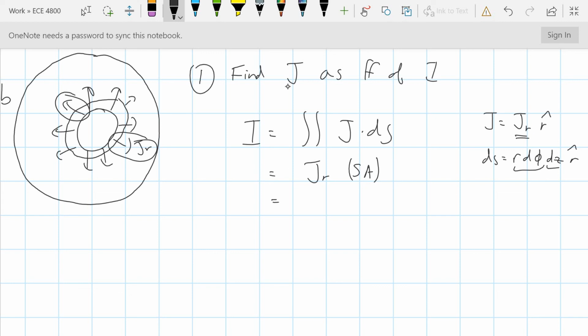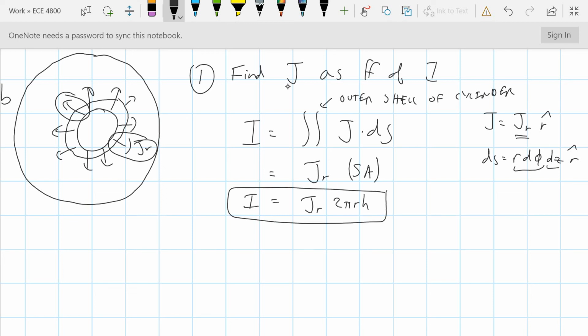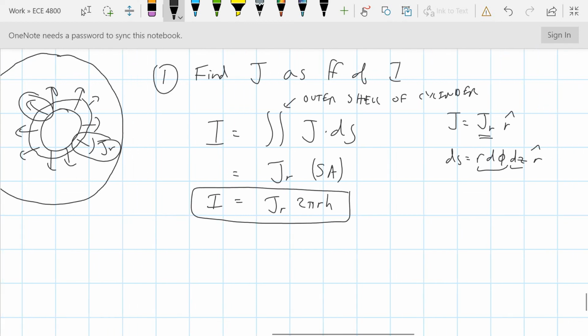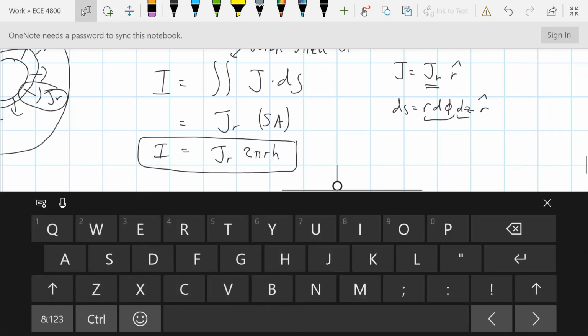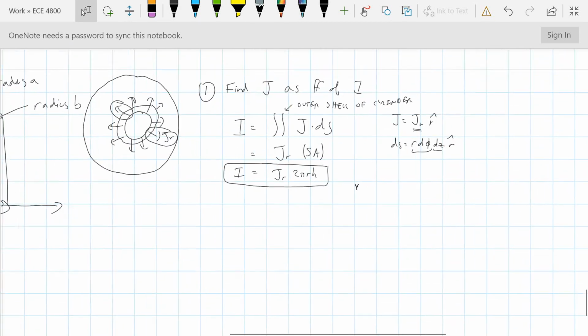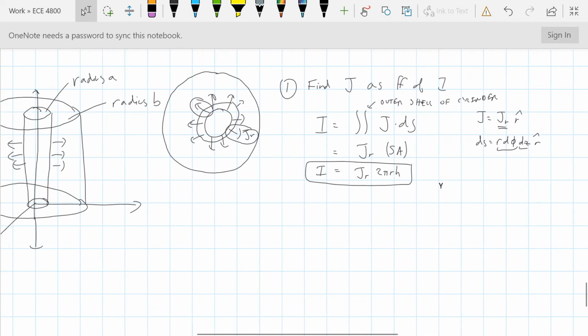So I'm just going to put here outer shell of cylinder. All right, so this is going to be J sub r times 2 pi rh. We're going to do things quickly. If we know that J is the same everywhere, then why bother going through the whole integral? It's supposed to save us time, right?